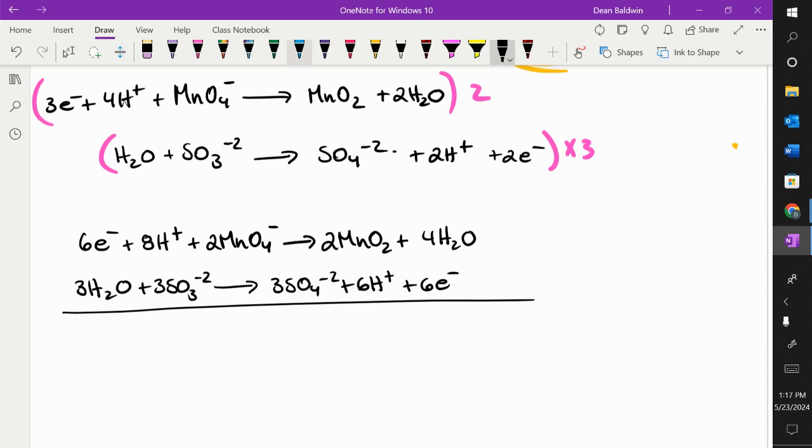And then just add them. Electrons go away. 3 waters cancel those. That's gone, and that's 2.